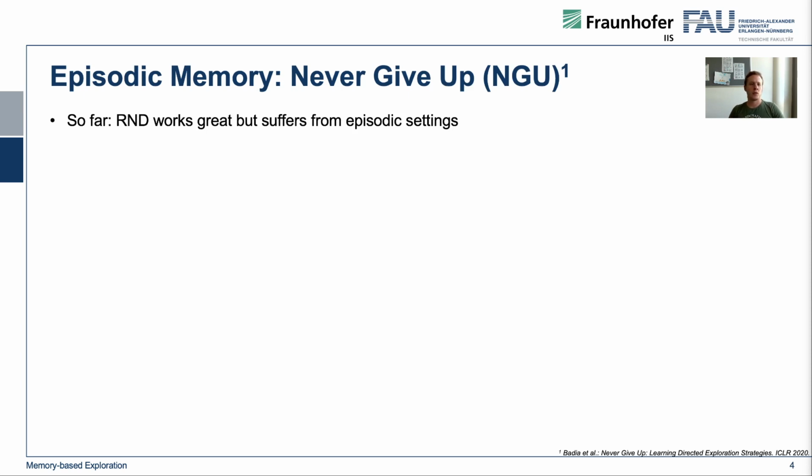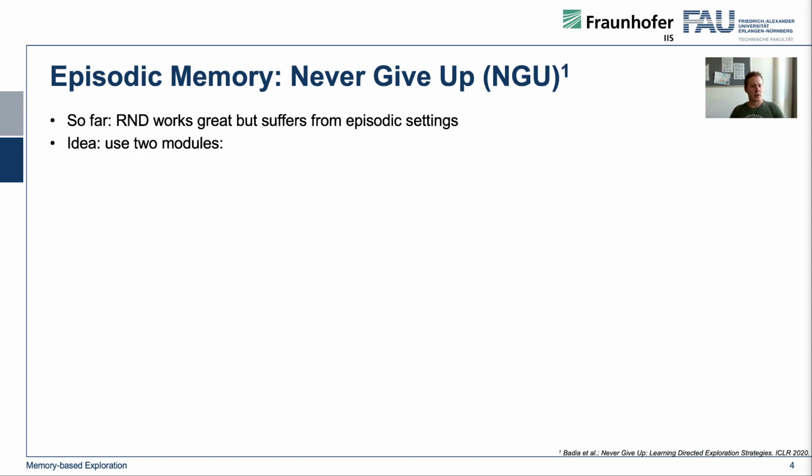In the last video we introduced RND, the random networks that had a prediction target that's not the dynamics of the system. We have seen in the paper that RND in general works great, but it suffers from the episodic setting, which was just solved by the authors by omitting the truncating of the rewards and letting the reward go over the end of the episode, which was also mentioned by the authors in their paper.